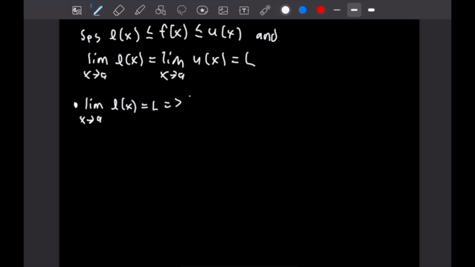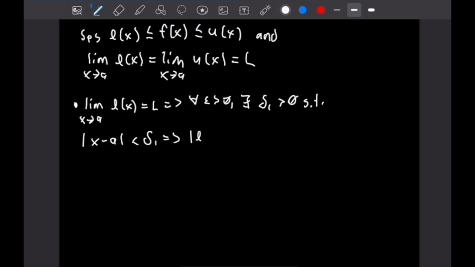Well, that's going to imply that for all epsilon greater than 0, there exists a, we'll call it delta 1 for this one, delta 1 greater than 0, such that we have the following: the absolute value of x minus a being less than delta 1 implies that the absolute value of L of x minus L is less than epsilon.